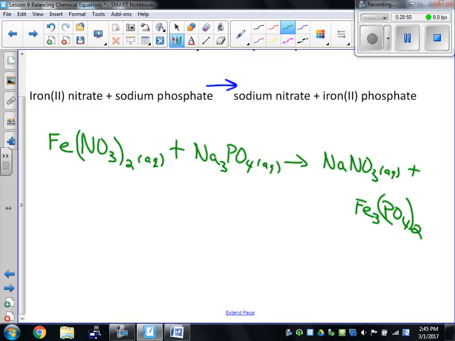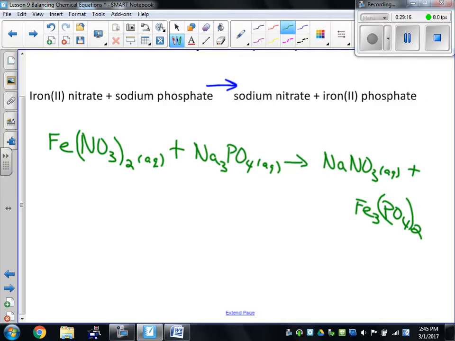Actually, you guys would know this. How do I know what these states are? Usually when we talk about ionic compounds, we take aqueous and aqueous and mix them together. So we take 2 water solutions, mix them together, and you can look this up on the solubility chart and you would see that this is aqueous. This is very soluble. This one is not very soluble.